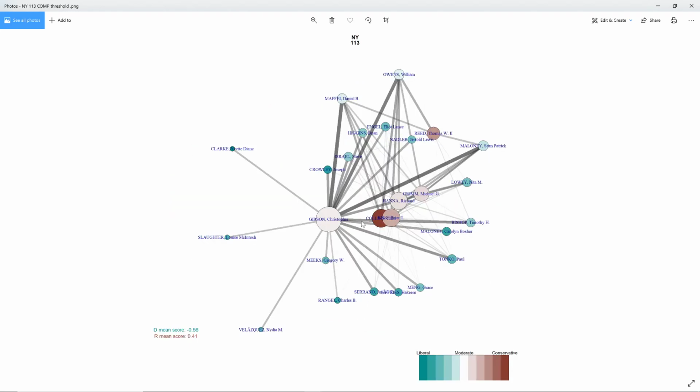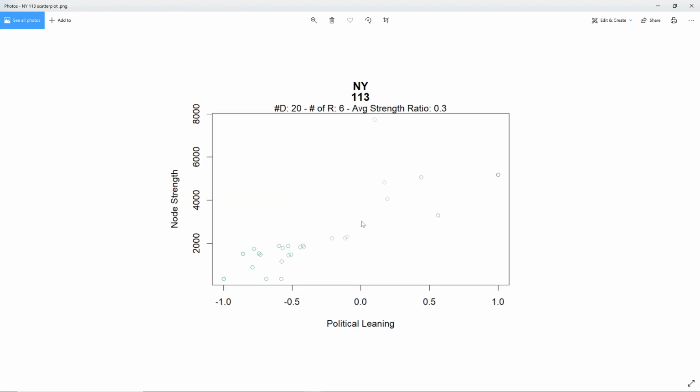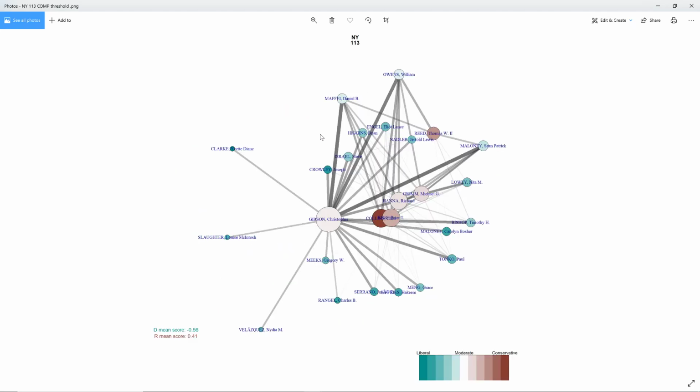Okay. Looking at New York, this is a majority Democrat, similar to California. For the 113th Congress, we see 20 Democrats and 6 Republicans, and by far the largest node is this one, who is a moderate Republican. So the Republican nodes, the minority party, should be the center point and the biggest nodes.